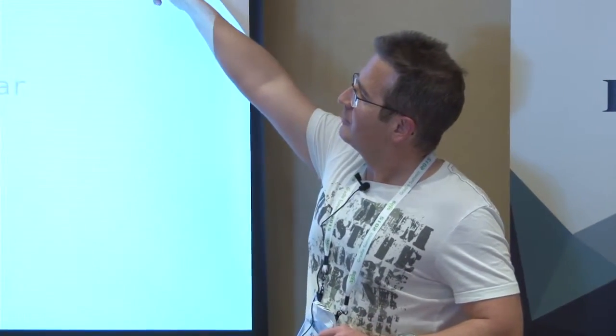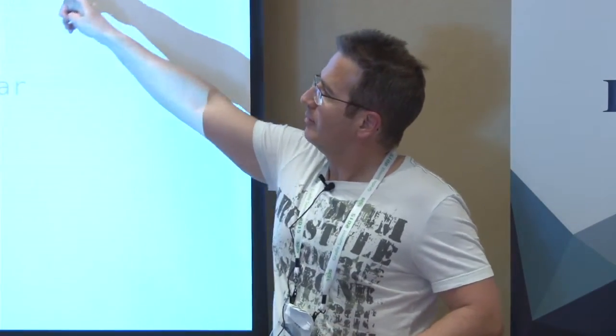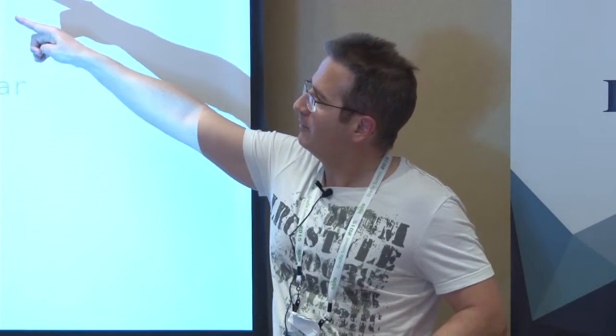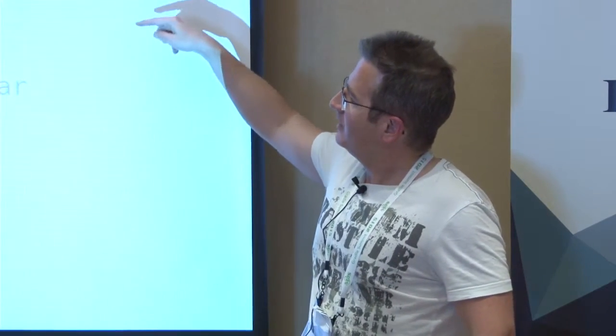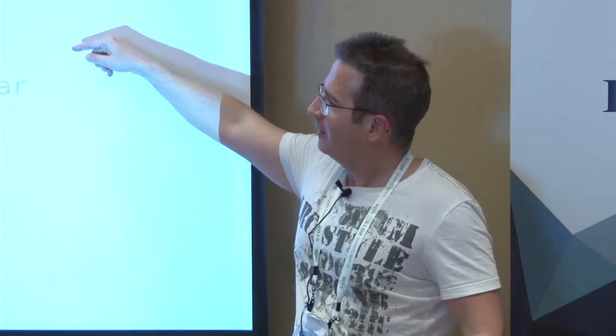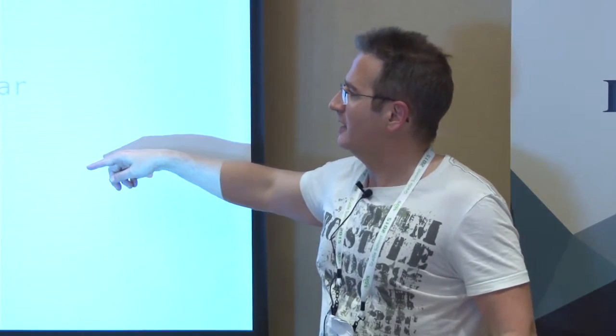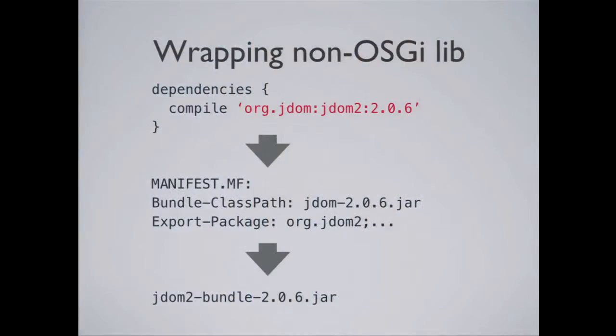All you have to do is add your non-OSGI library to the compile configuration, and on the next build or run, Wuff will automatically create a corresponding manifest for this library, and will create a bundle with an auto-generated name, which will contain only this library. The bundle will be added to the product if you generate the product, naturally.